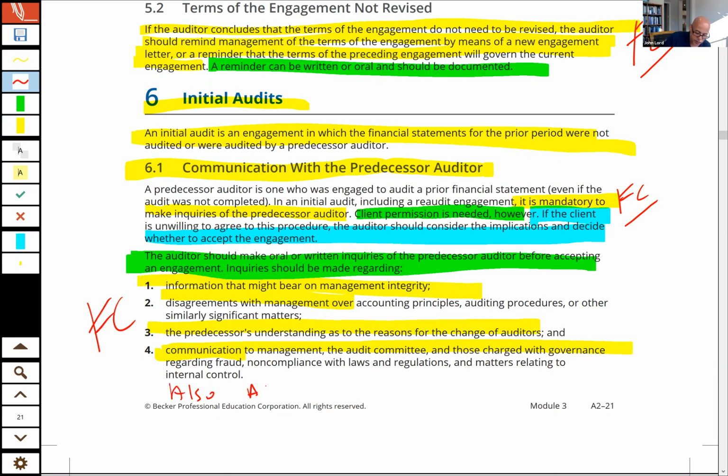Also, ask client to arrange review of predecessor's work papers.